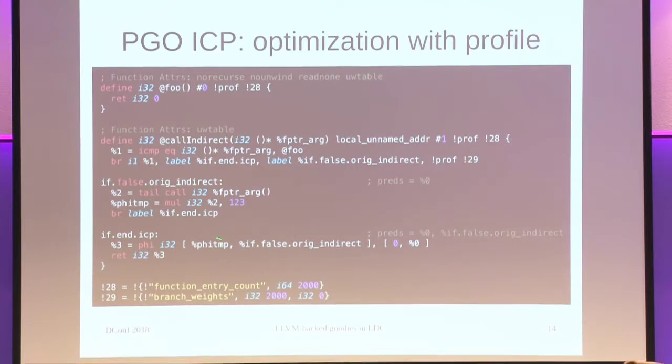Basically, it says if the incoming branch here, so something branched to this label, if it came from this block here, then the value will be that. So that's the multiplication value here. If the incoming thing was from the first basic block, 0, then the value will be 0.